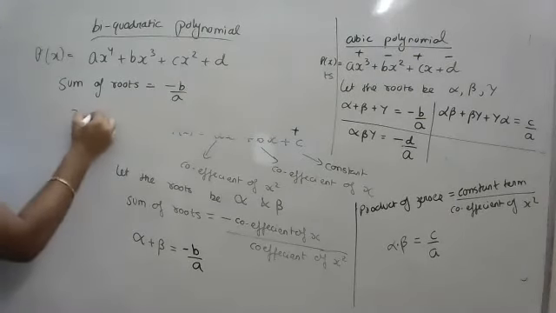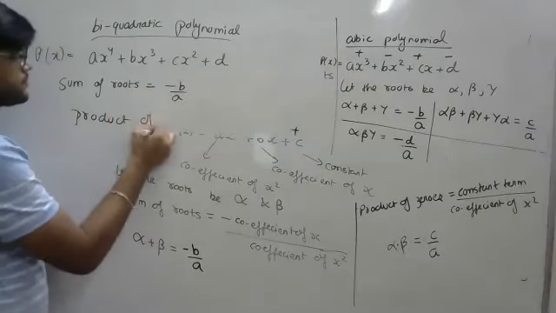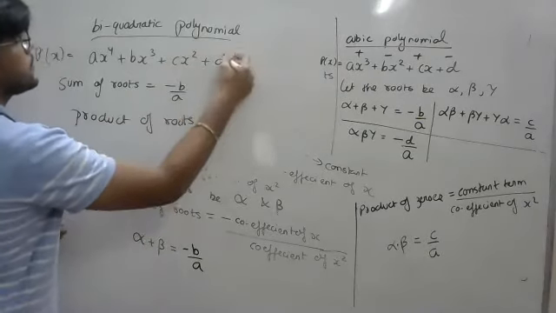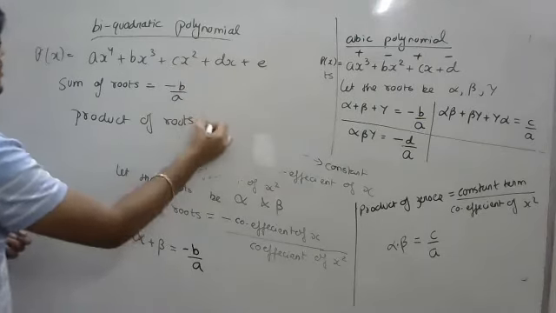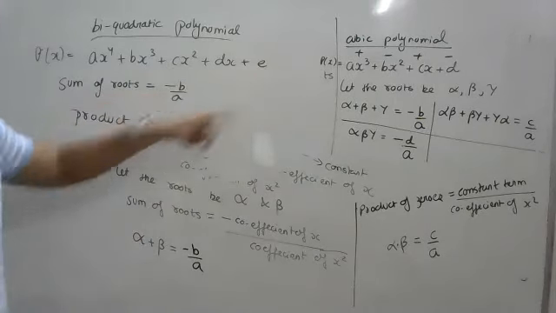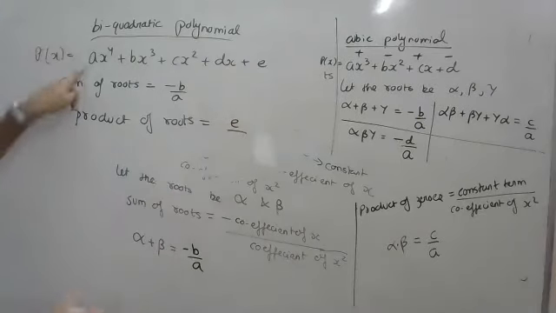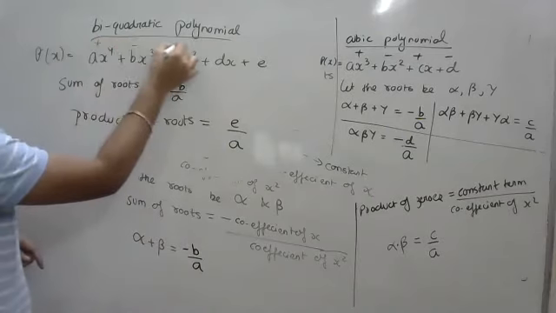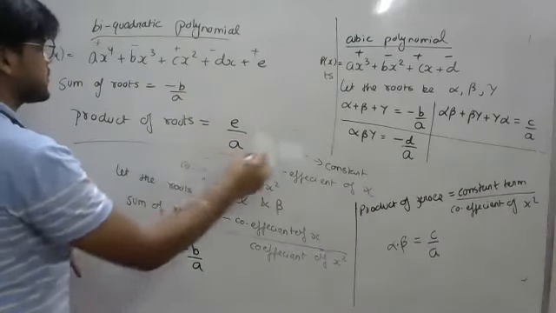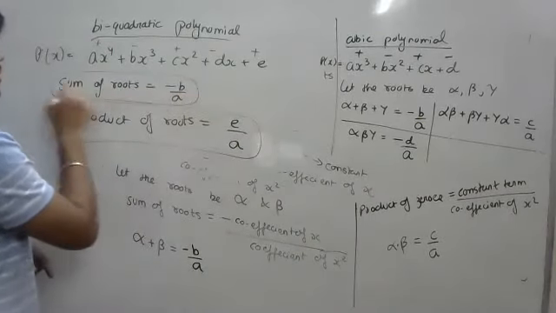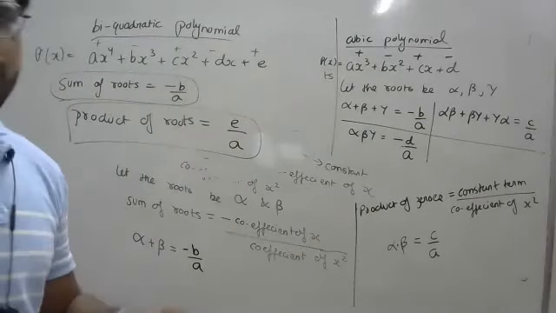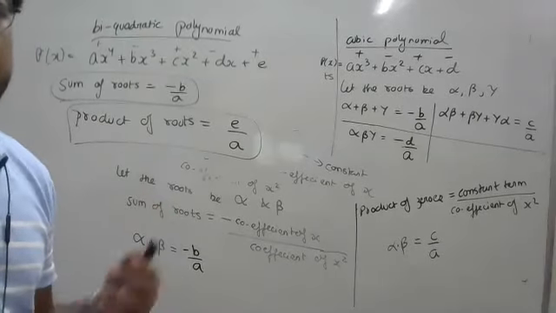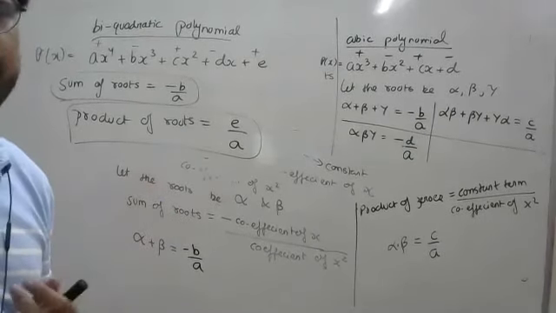And the product of roots will be the constant upon the first coefficient, and this alternates, plus minus plus minus plus, so this will be plus. There is a pattern. No need to remember this. I'm just trying to explain the logic, the concept, which may be helpful in your competitive exams.